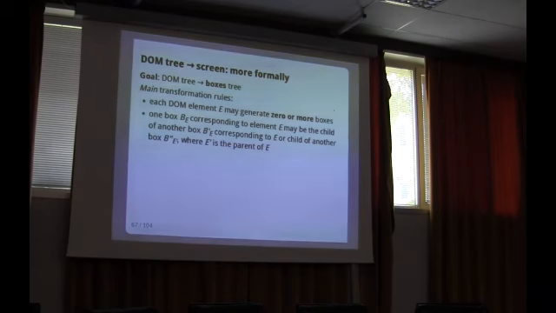That is, the box corresponding to E cannot be the parent of the boxes corresponding to F. In practice, this says that the shapes of the two trees are quite similar, not identical, but quite similar.